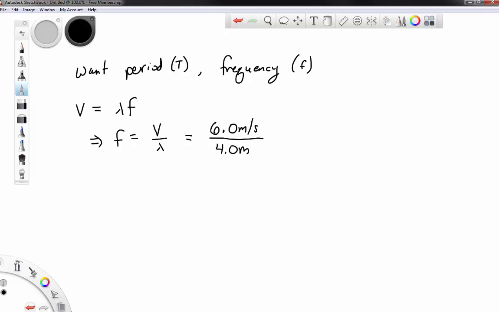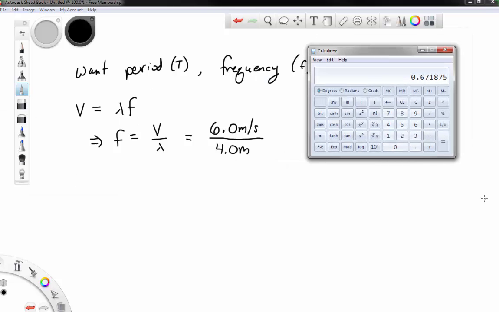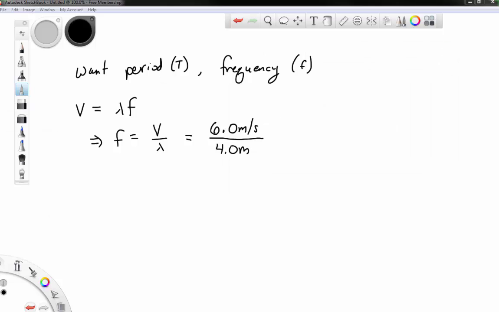So if you need to use your calculator to solve this, you would plug in 6 divided by 4, and you would get 1.5 as your answer. So frequency is equal to 1.5, and for the units we notice there's an m and an m, so there's a per second.